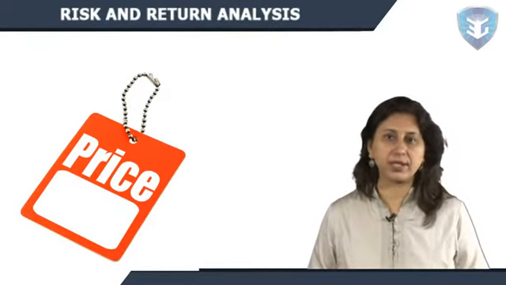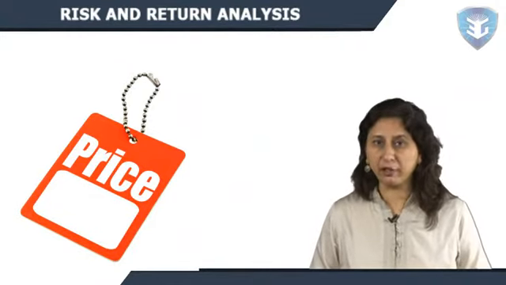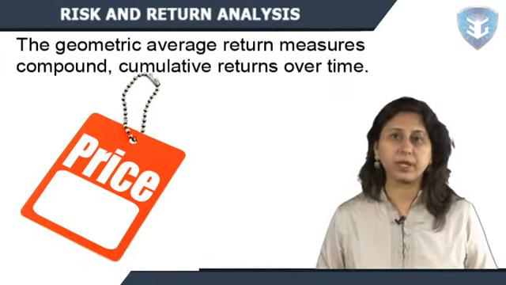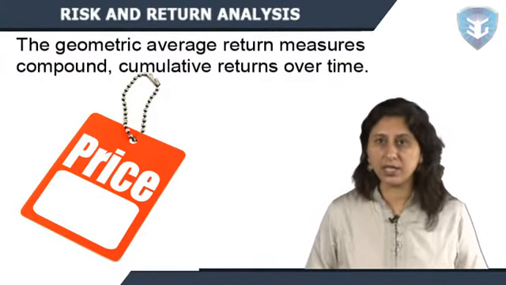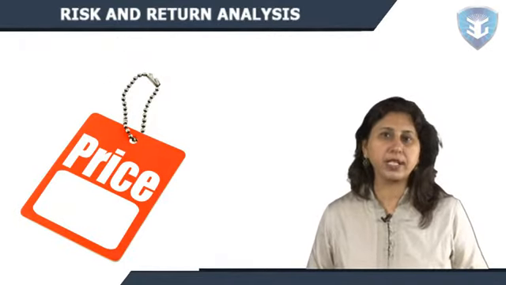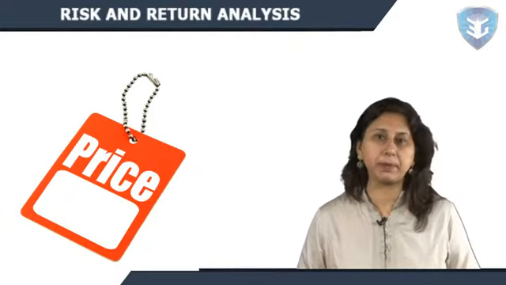Return applications. The total return is an acceptable measure of return for a specified period of time. The geometric average return measures compound, cumulative returns over time. It is used in investments to reflect the realized change in wealth over multiple periods.